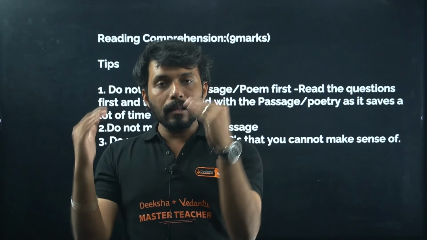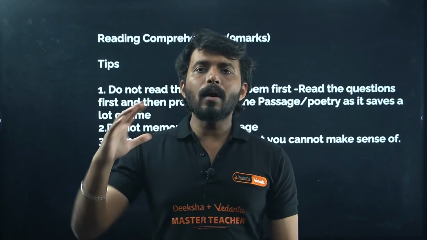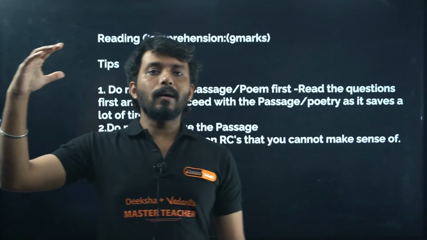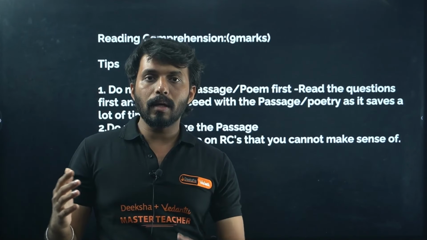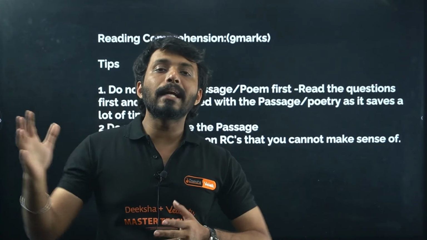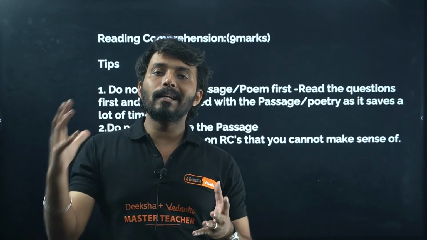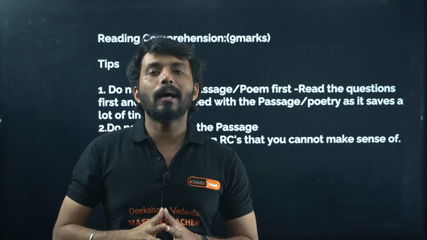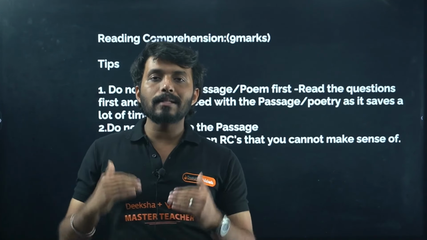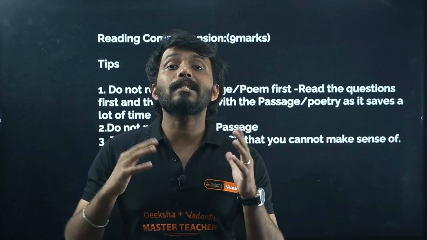Well, when you read the questions and then proceed with the unseen passage or the poem, it saves a lot of time, because there will be a lot of parts of the passage or the poem that may not have the answers. Unnecessarily reading them only wastes a lot of time. Now the answers to the 8 or 9 questions would be in the first few paragraphs. So simply by reading the questions and then reading the unseen passage, you will save a lot of time.